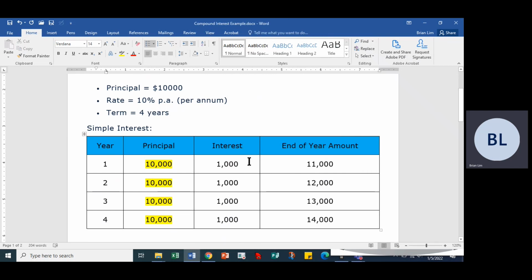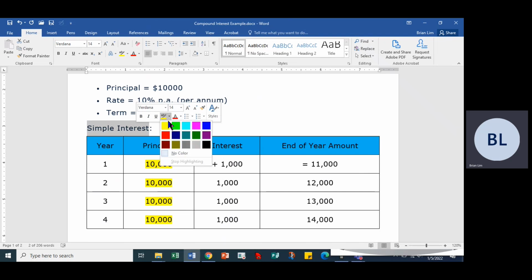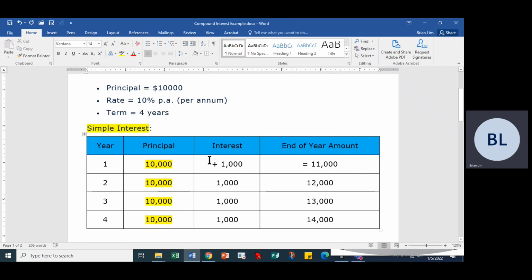Okay, so how much are they owing at the end of 1 year? Well, 10,000 plus this 1,000 right here would make it equal to, yes, 11,000. All right. Now notice, because it is simple interest, this amount will not be the new value for the principal. The principal remains $10,000.